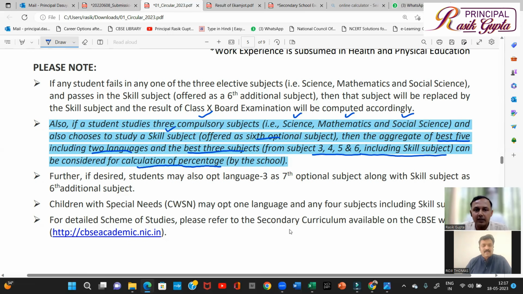So for the first time, CBSE has mentioned that the school from where the student is passing, they can consider any 3 out of 4. Which subjects?